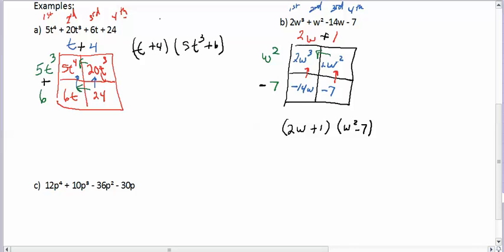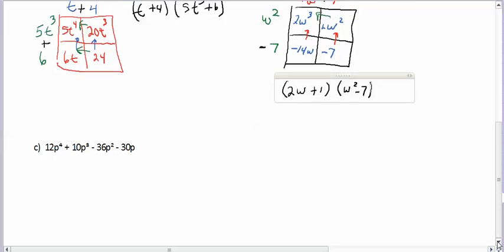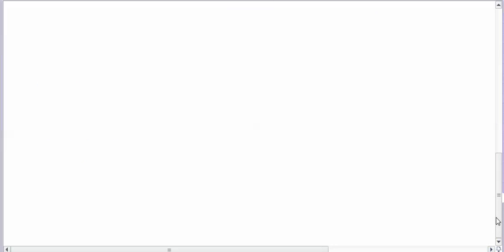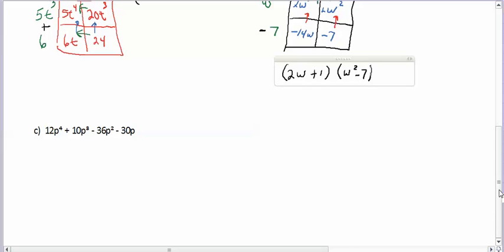And then the very last one. First thing you need to do is look to see if there's anything that they have in common. Well, they all have at least one p, because 30 has one p and everybody else has at least one p, so I'm going to take the p out.